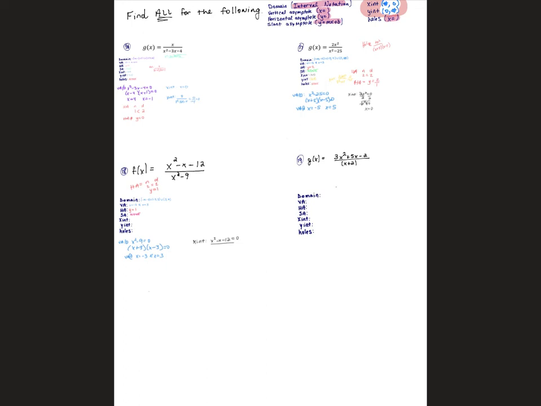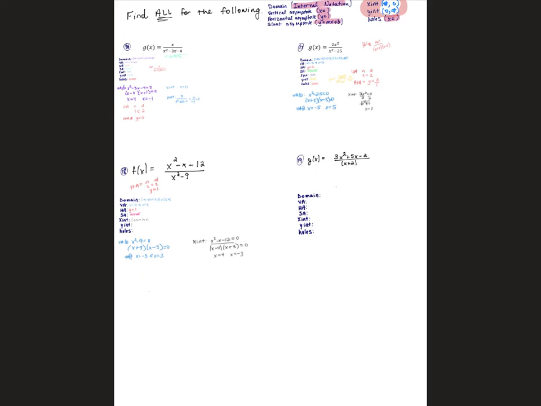So when I factor this, I get (x minus 4)(x plus 3) equals 0. So I have an intercept at x equals 4 and one at x equals negative 3. So we're going to write that as an ordered pair. My x-intercepts are (negative 3, 0) and (4, 0).